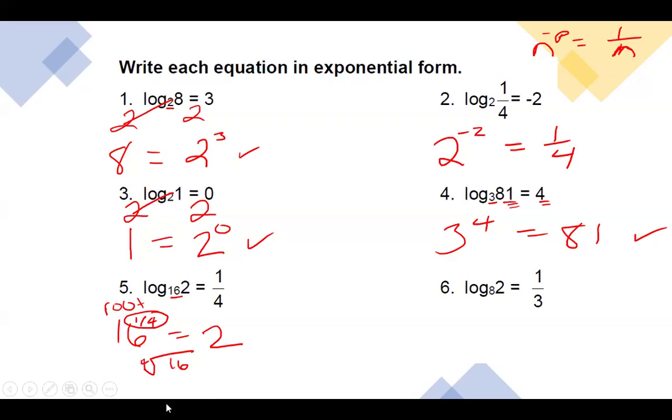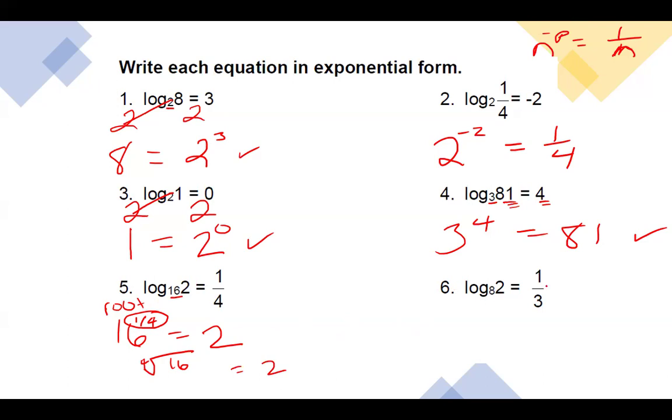Okay, it's 16. So therefore, that's why the solution is 2. The 4th root of 16 is 2. So anytime you have a rational power, that means you're taking the root. That should have been an exponent rule as well.